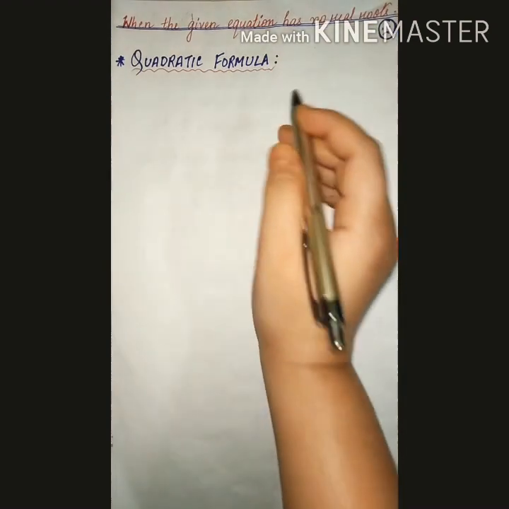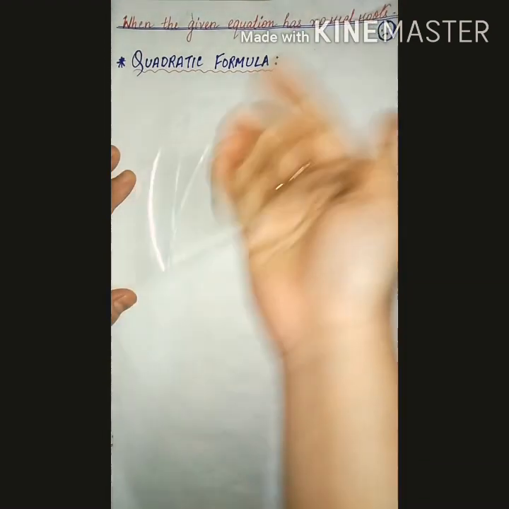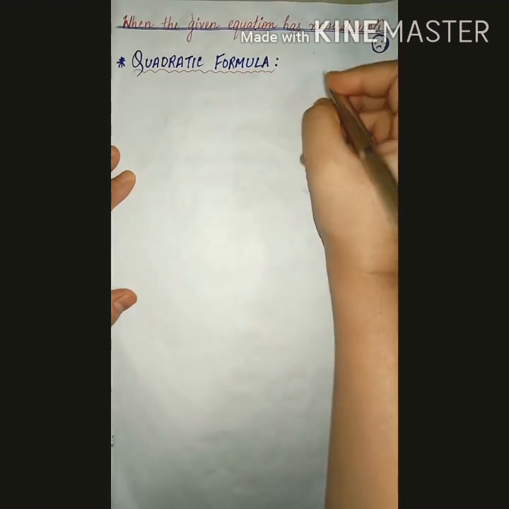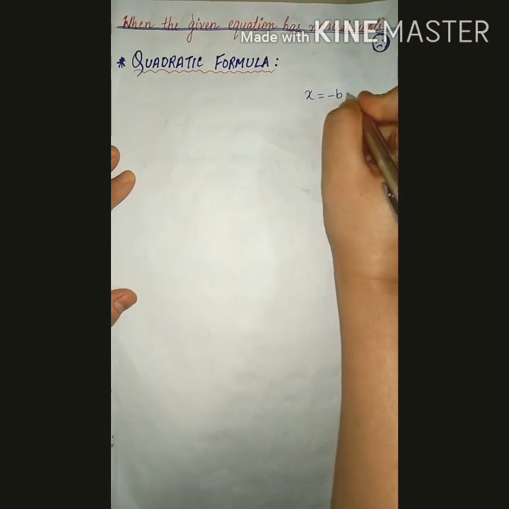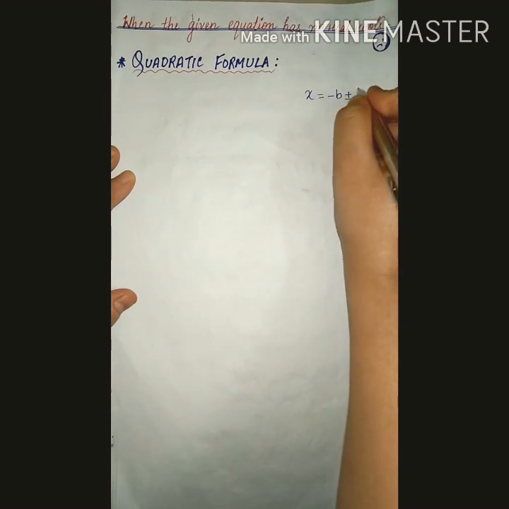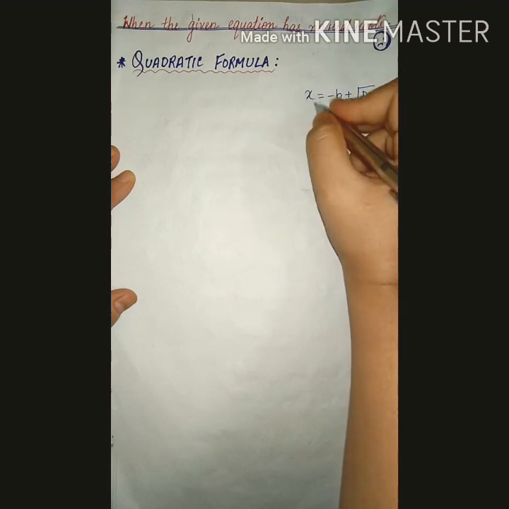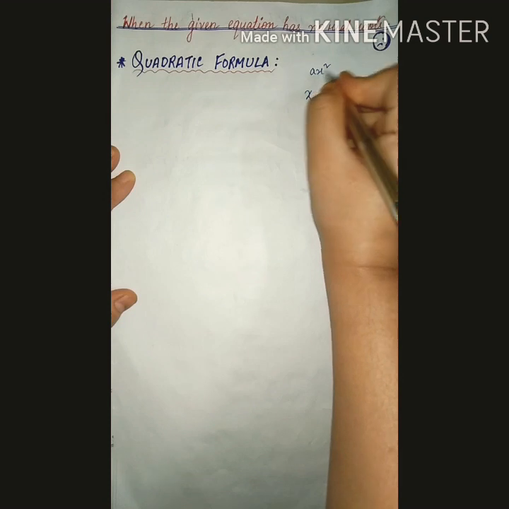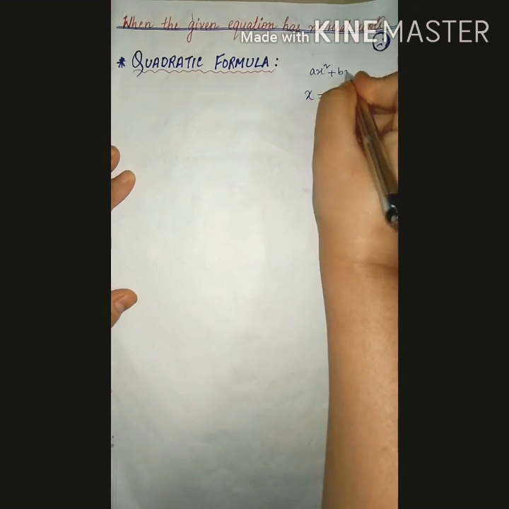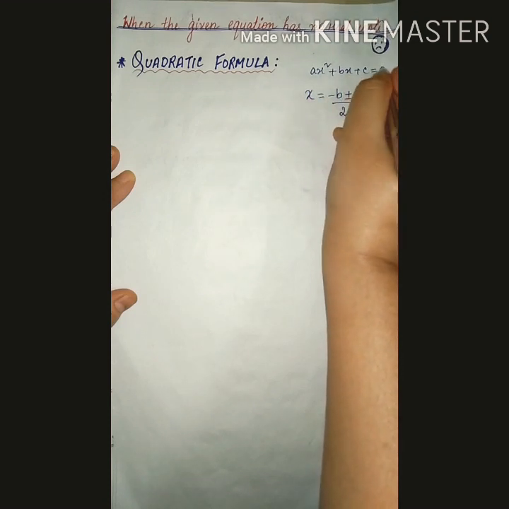And the formula, what does it mean, the quadratic formula? How do we write it? x equals minus b plus or minus root over D, divided by twice a. You have to remember this. How do we get it? ax square plus bx plus c equal to 0.